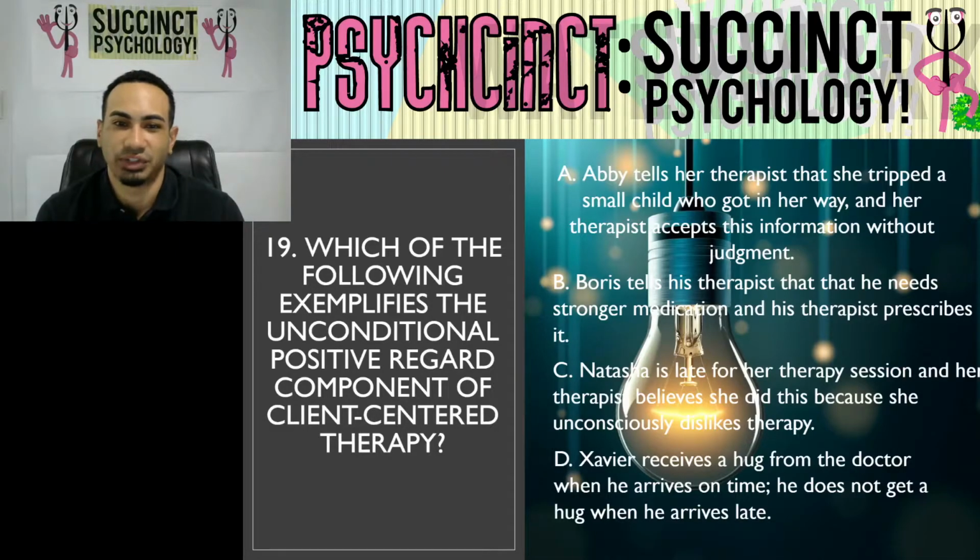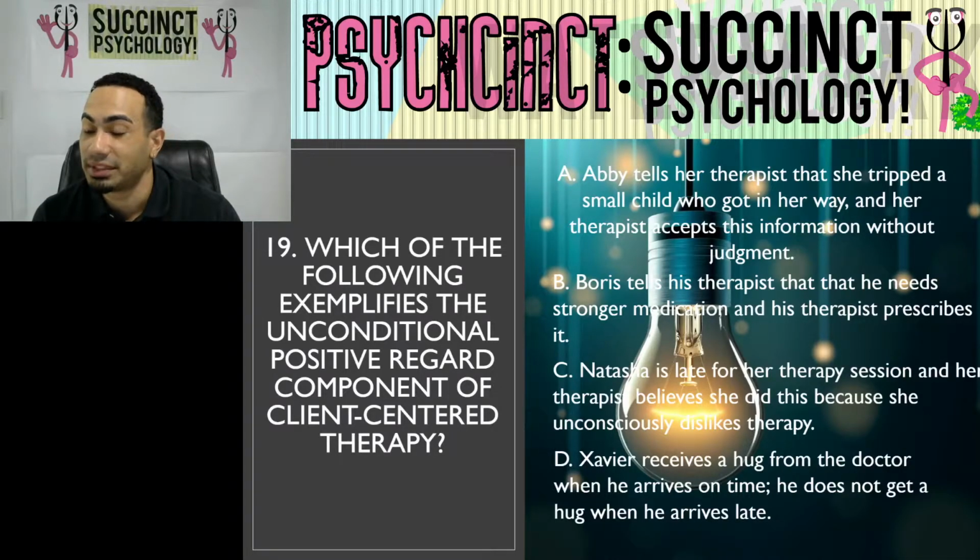Alright, let's pick apart this question here, see what we have. So, unconditional positive regard, client-centered therapy. Well, that already sounds like humanism. Okay, so we know we're dealing with humanism here. And the big thing here to look at is the unconditional positive regard component. So which one of these sounds like it's unconditional positive regard? D says he does not get a hug when he arrives late, so that doesn't sound like unconditional positive regard.